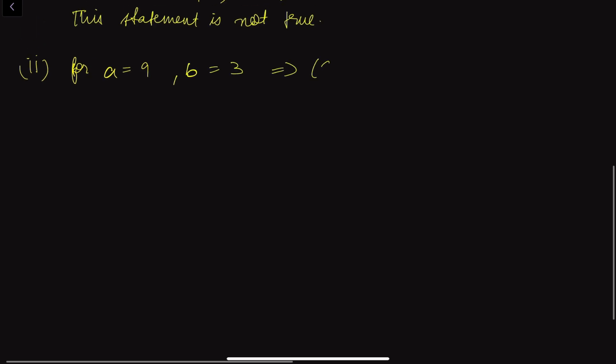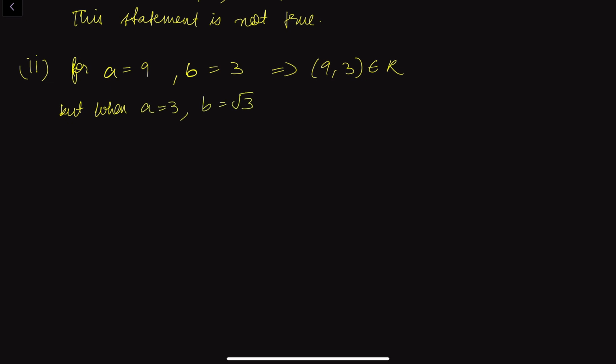This implies that (9, 3) belongs to R. But when a is equal to 3, b is equal to under root 3. So this does not belong to R because b has to be a natural number. So (3, under root 3) does not belong to R, as under root 3 does not belong to natural numbers. So this is also not true.